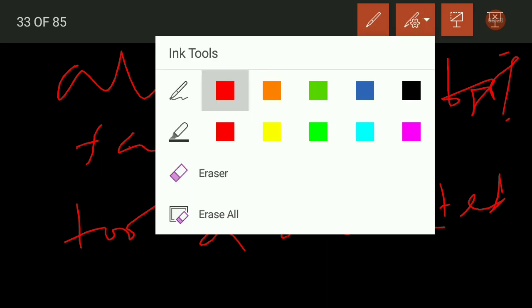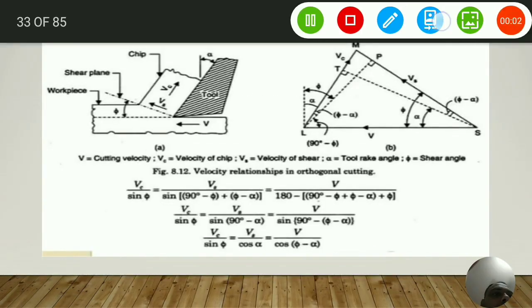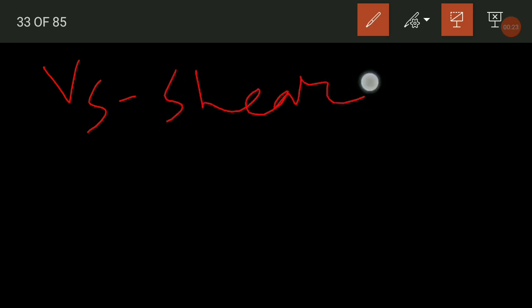Now the next one is the shear velocity Vs. Here we will be dealing with three different velocities.